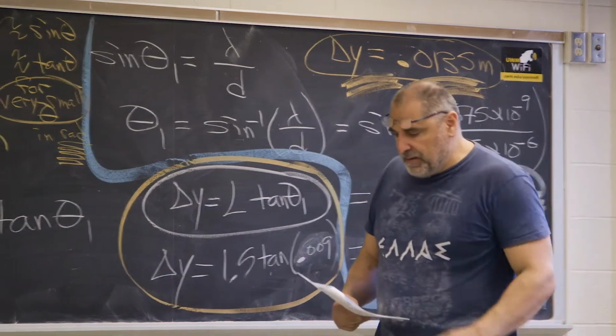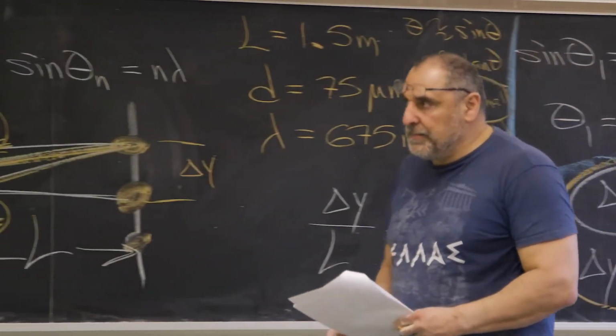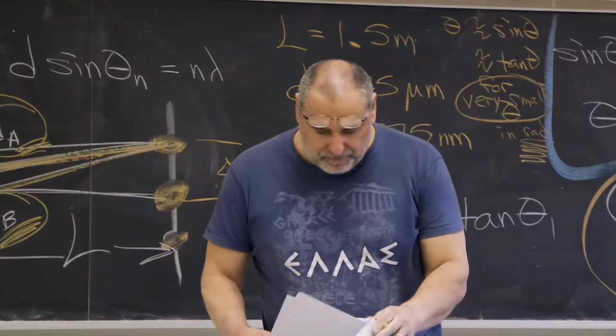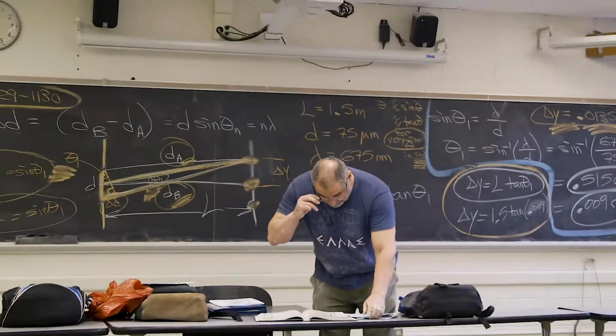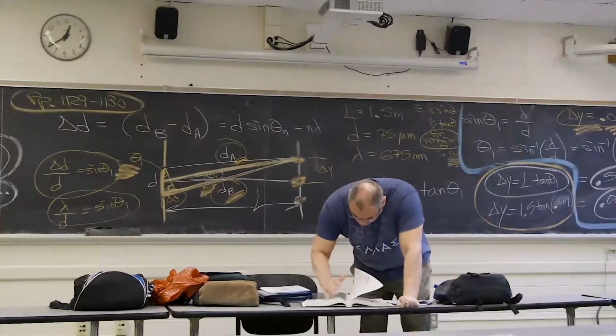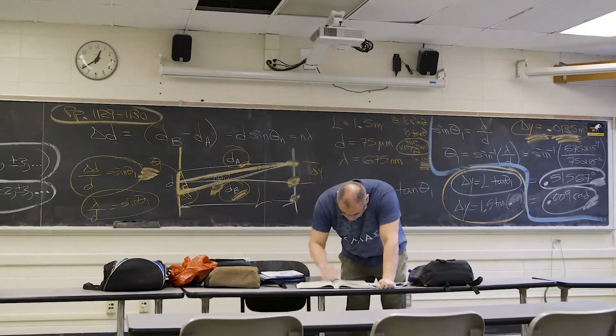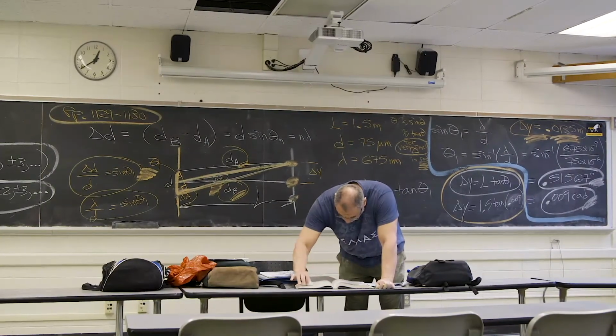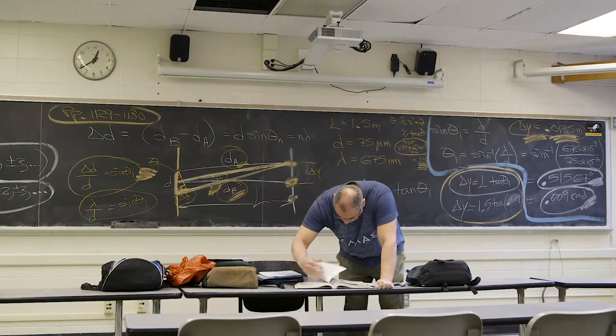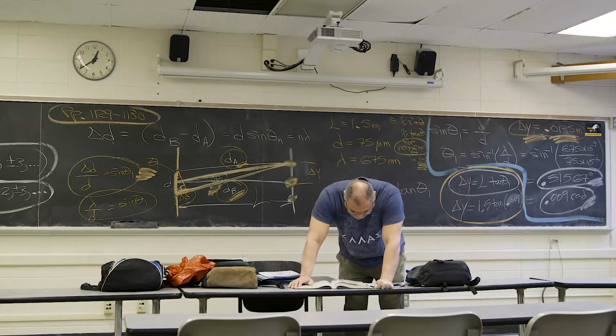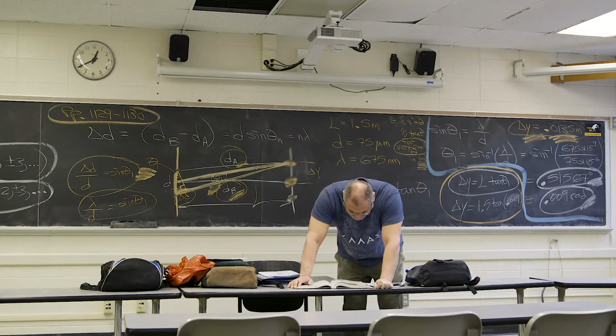That's number 7. 8. Take the same argument, I guess. 8. Monochromatic light is incident on a pair of slits that are separated by 0.2 millimeters.